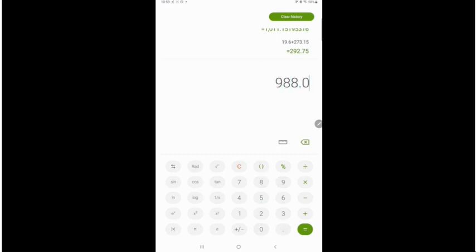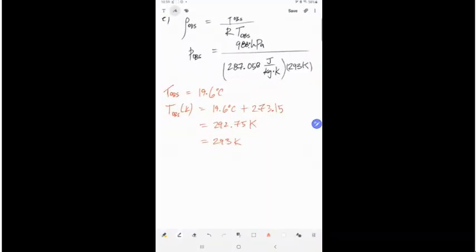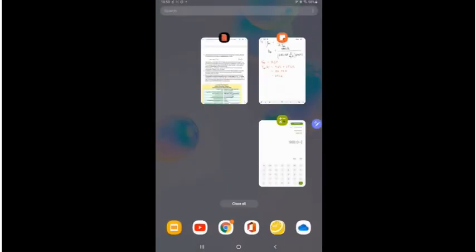988.0 divided by, now we've got two numbers, we need to multiply those numbers, so we're going to use brackets. And the first number is the ideal gas constant R, 287.058. That looks good.